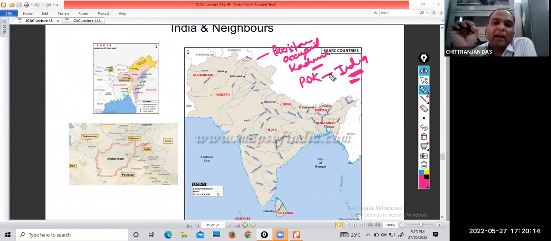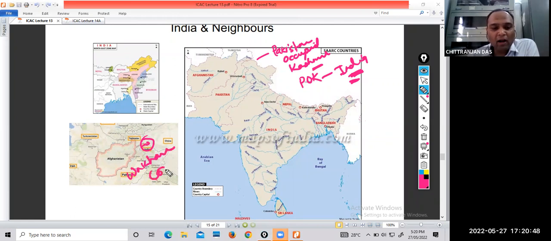So it is our official position, and the position of all Indians. Even in the UN this is our position, and none of the foreign companies working in India can say that Pakistan Occupied Kashmir is part of Pakistan. So we will always reiterate that POK is actually part of India, and POK has a boundary with Afghanistan. This small corridor is called the Wakhan corridor.